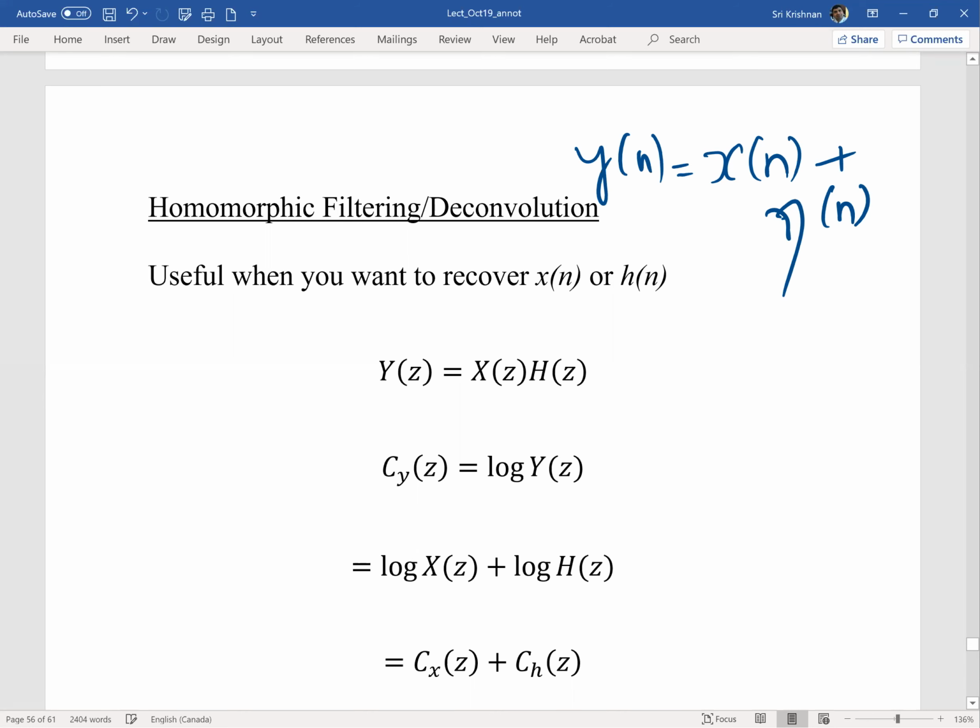So this is a noisy signal. Let's say x[n] is your ECG, eta[n] is your random noise, which could come from various sources, instrumentation, other things, and y[n] is a noisy ECG. The assumption we have made so far is that the process is additive. Noise is additive.